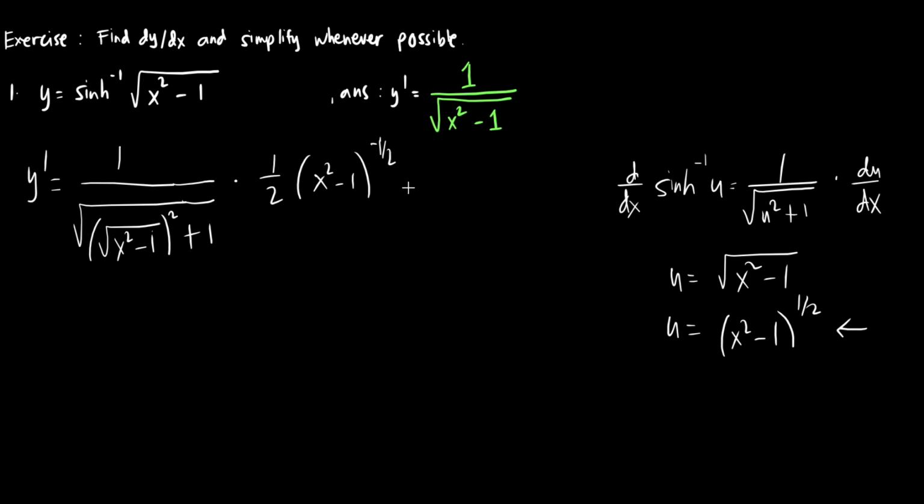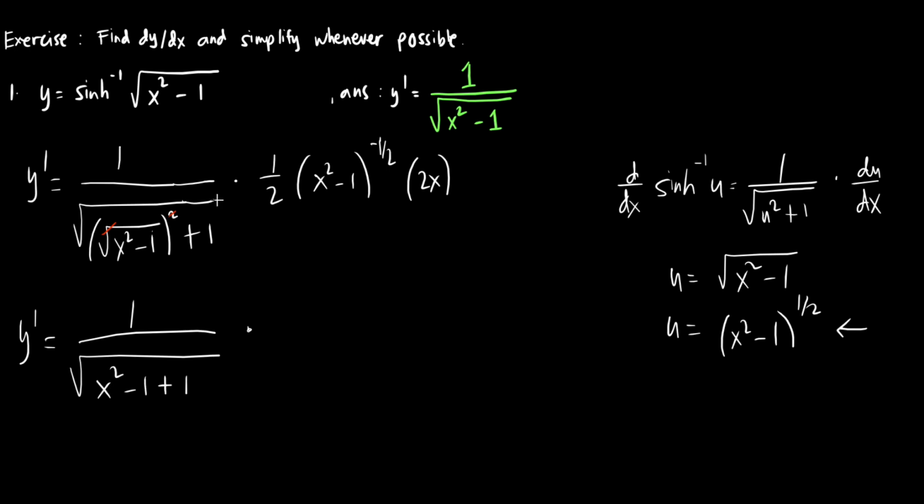The derivative inside is 2x. Power rule. We have to simplify first. So we have y prime is equal to square root of, this square root will be cancelled because of the square. The remaining will be x squared minus 1 plus 1 times, this 2 will be cancelled.